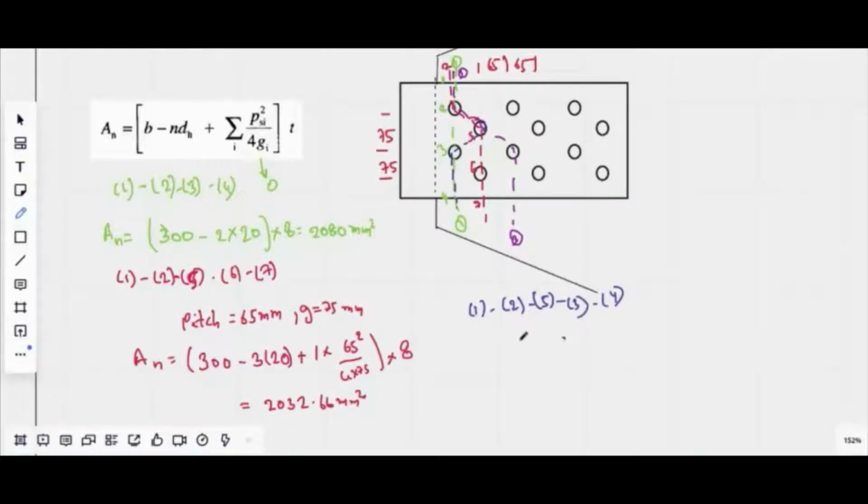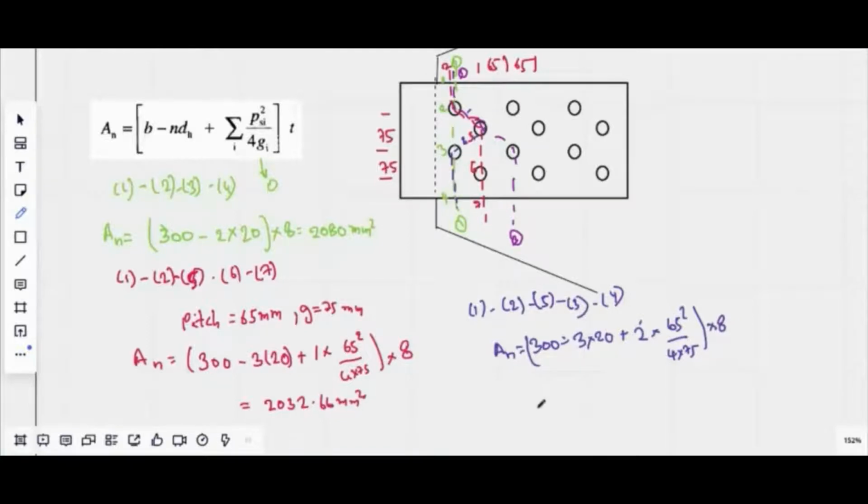In this case, the net area can be determined as equal to 300 minus 3 bolts of diameter 20 mm, plus we can see here there are pitches, two inclined pitches. This is one inclined pitch and this is two inclined pitches: 2 into 65 square, the value of pitch, by 4 into gauge, which is 75 mm, into thickness of the plate, which is 8 mm.